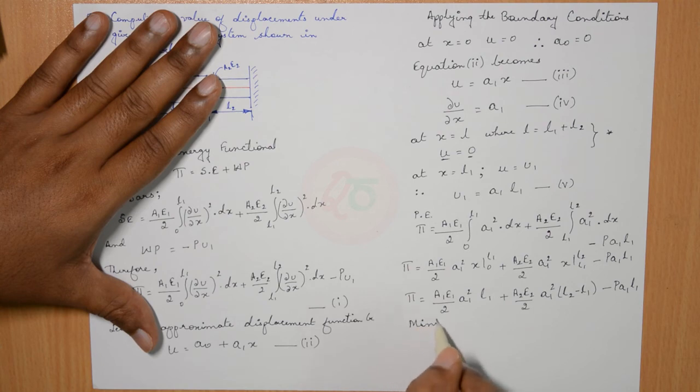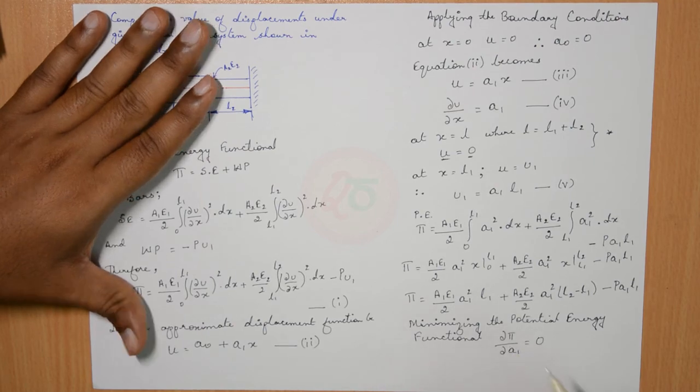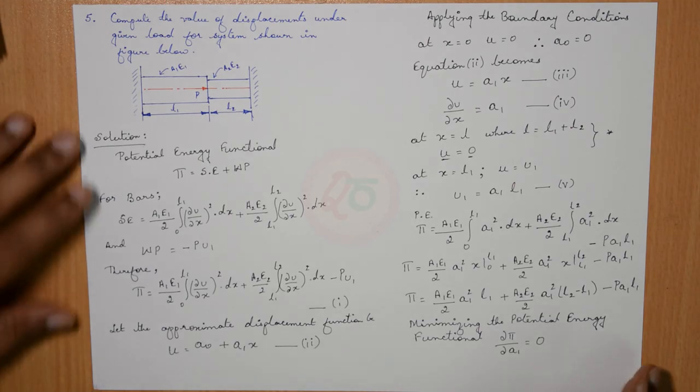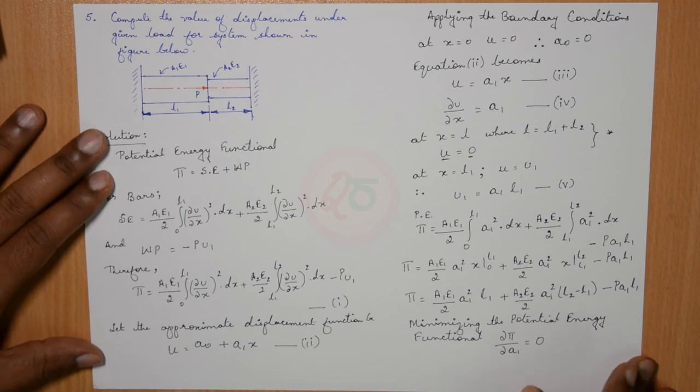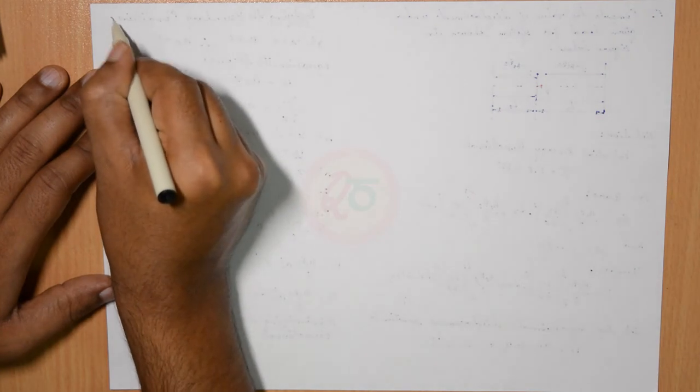Minimizing the potential energy functional, which is dou pi by dou a1 equal to 0. So this is the differentiation that we need to make and equate to 0 to minimize the potential energy functional. Now what is dou pi by dou a1?